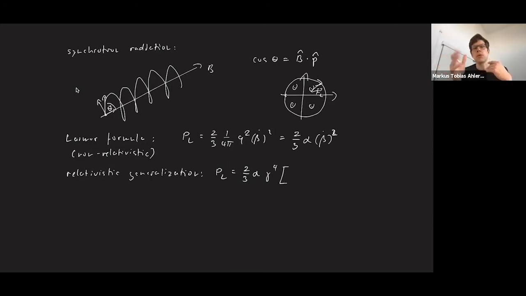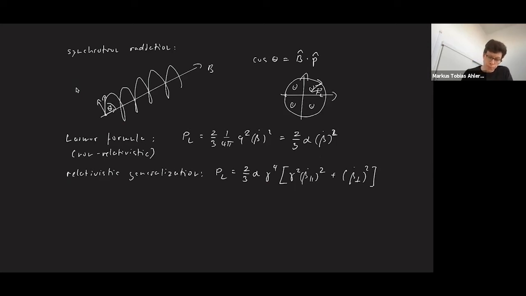And then you have to distinguish between acceleration in the direction of the motion of the electrons and orthogonal to the motion of the electrons. So these two accelerations will come with different gamma factors. So parallel acceleration along the motion of the electron will have an additional gamma factor, gamma squared here. And for the orthogonal case, there will be no further gamma factors. So this is the Larmor formula, the total power, energy per time emitted by synchrotron emission as particles are orbiting around the magnetic field.